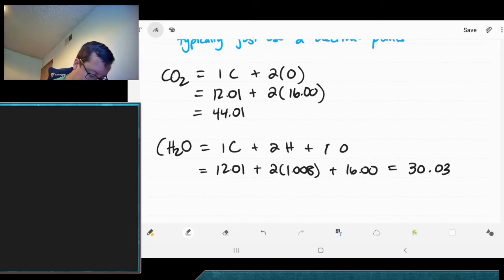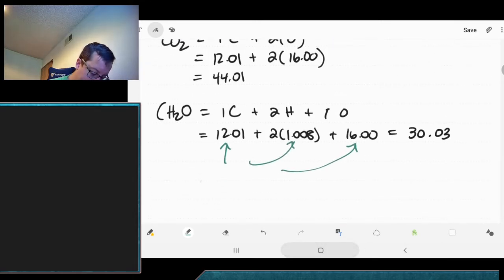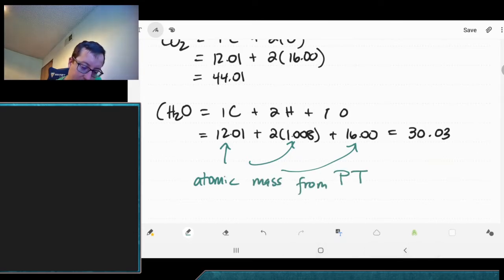So, again, these numbers are the atomic masses and those are from the periodic table. So I do suggest you find a periodic table you like. If you Google periodic table, you're going to get 80 cajillion versions of it. Find one you like, print it out, or save it somewhere.